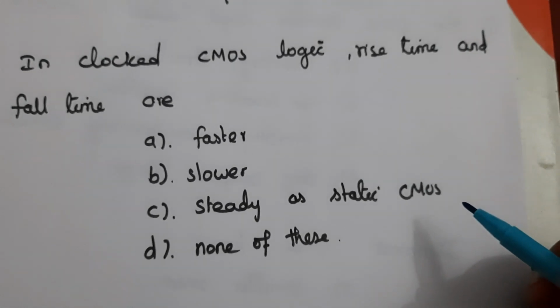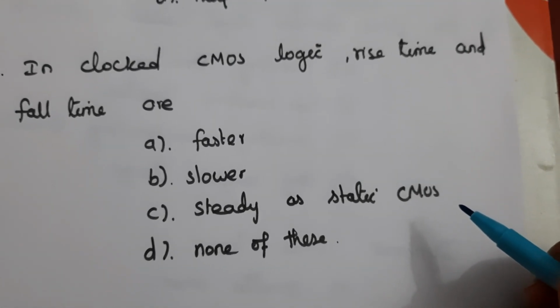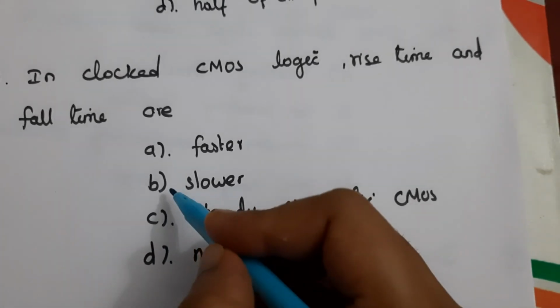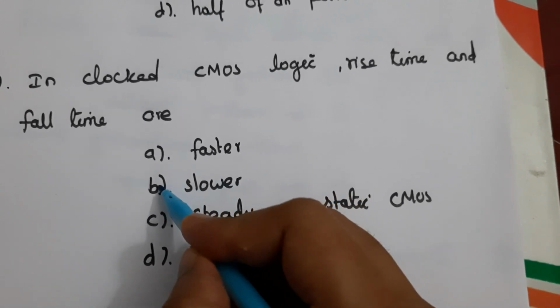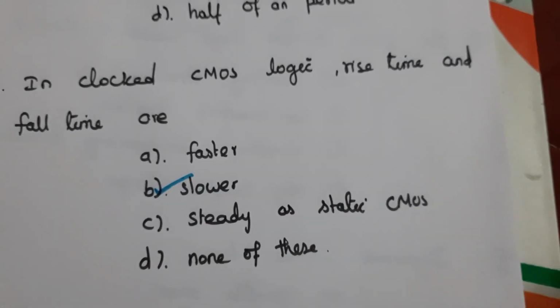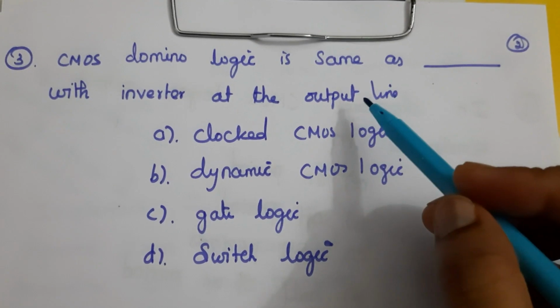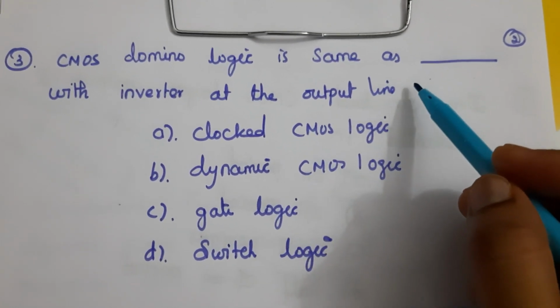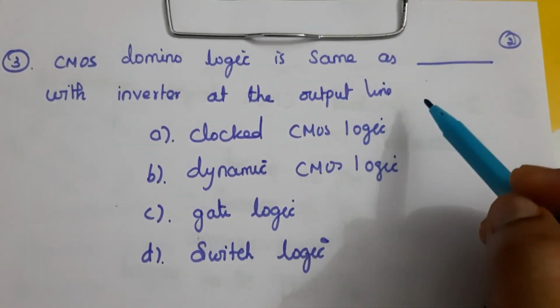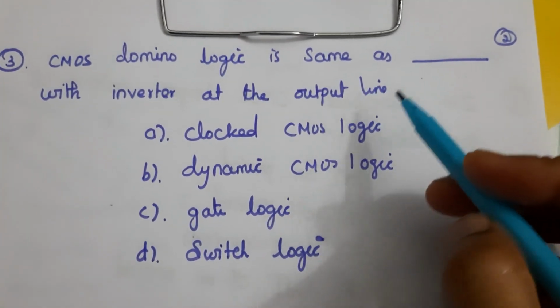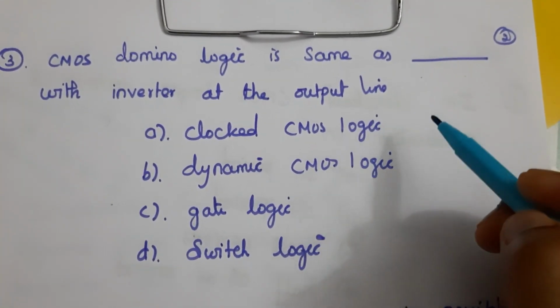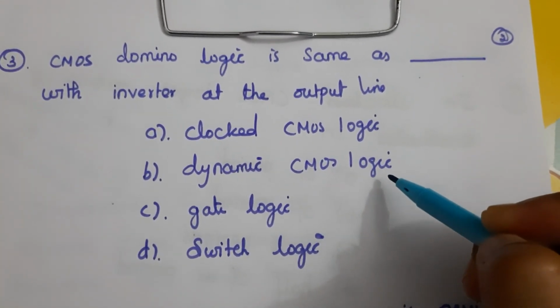Next question: in clocked CMOS logic, rise time and fall time are slower compared to static CMOS. So here the answer is B. Next question: CMOS domino logic is the same as dynamic CMOS with an inverter at the output line, and here we connect the inverter with the dynamic CMOS logic.